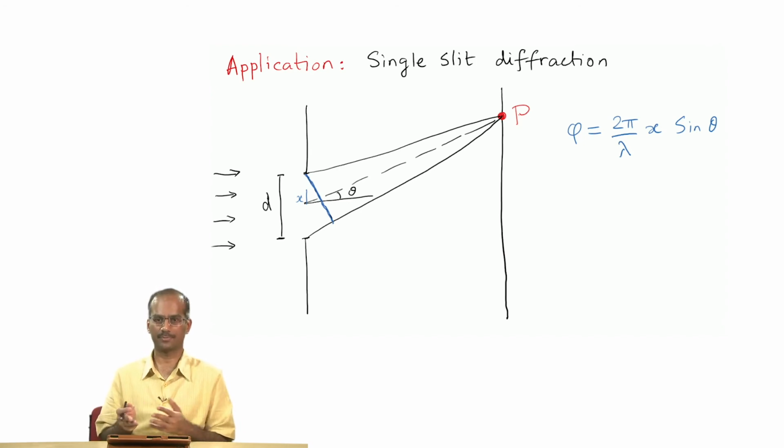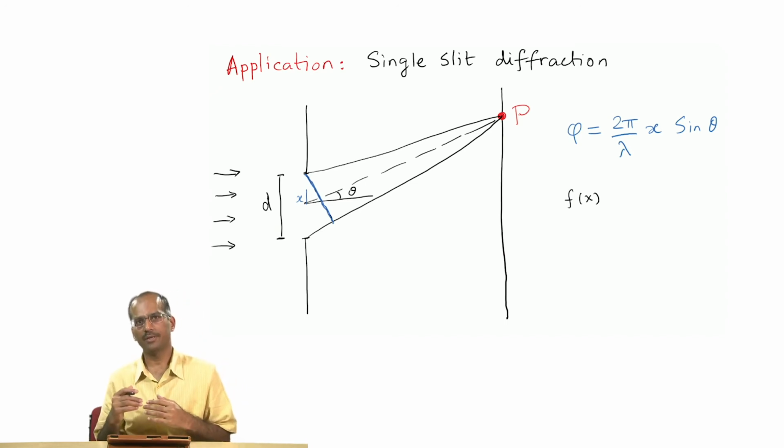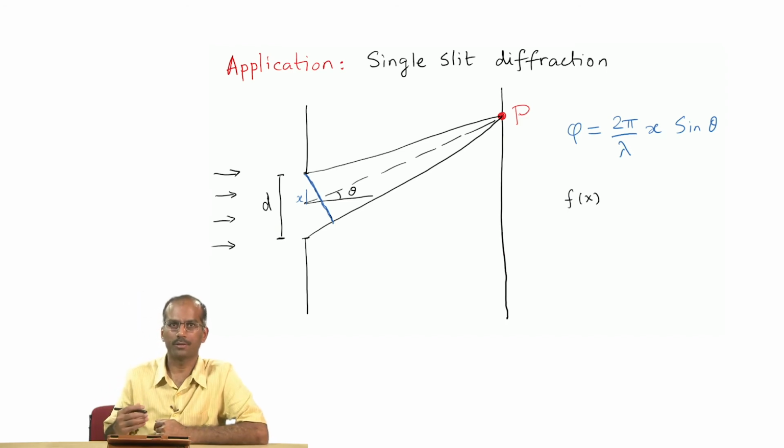That is what is expressed by this formula, provided of course theta is the angle of diffraction. Let us say at the midpoint my function is f of x. A little bit away from the midpoint, my function will be f of x multiplied by e power i phi. I need to integrate over these phase differences, which means I need to integrate over x itself.